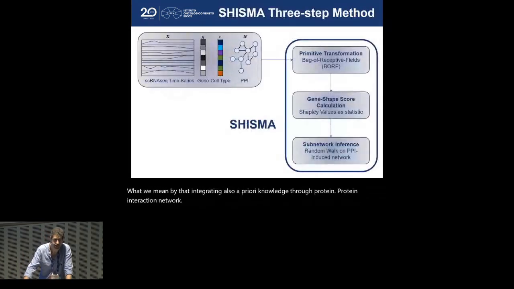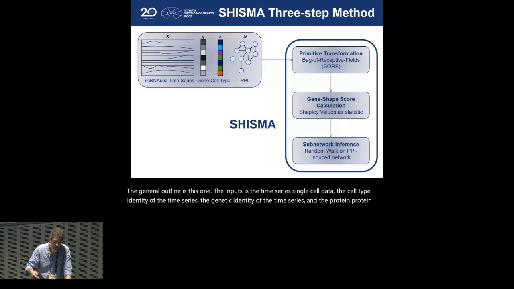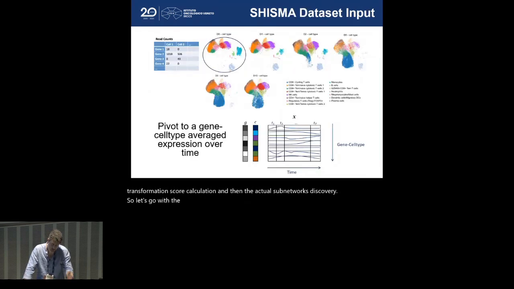The general outline is this one. The inputs are the time series single-cell data, the cell type identity of the time series, the genetic identity of the time series, and the protein-protein interaction network. Then there is a 3-step method, which starts with the primitive transformation, a score calculation, and then the actual subnetworks discovery. So let's go with the first one.